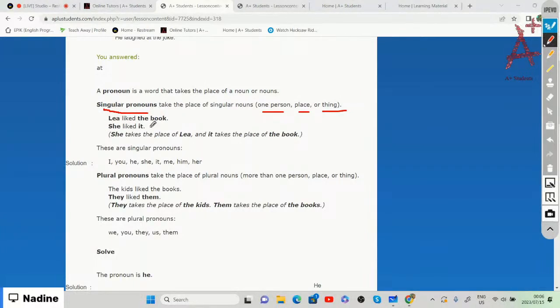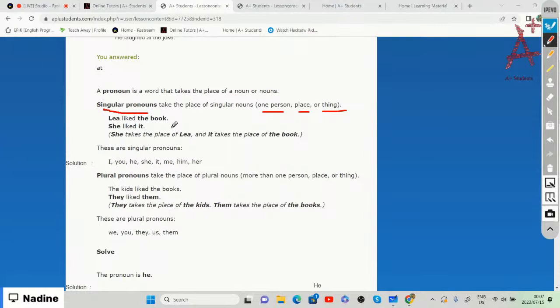Instead of saying the book, we can say it, because now we are already referring to that specific noun. So she takes the place of Leah, and it takes the place of the book. That is singular pronouns.